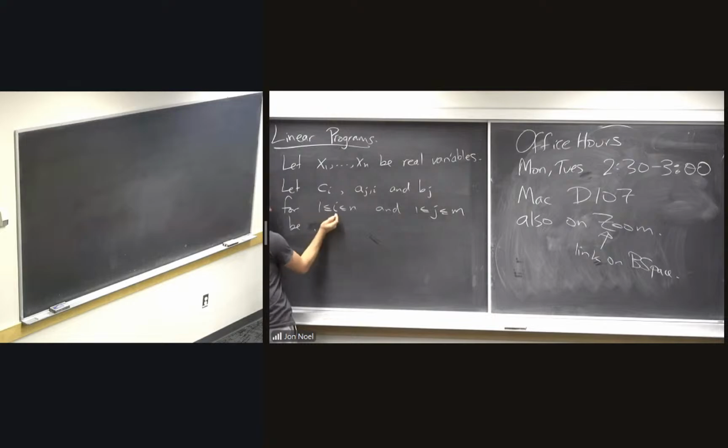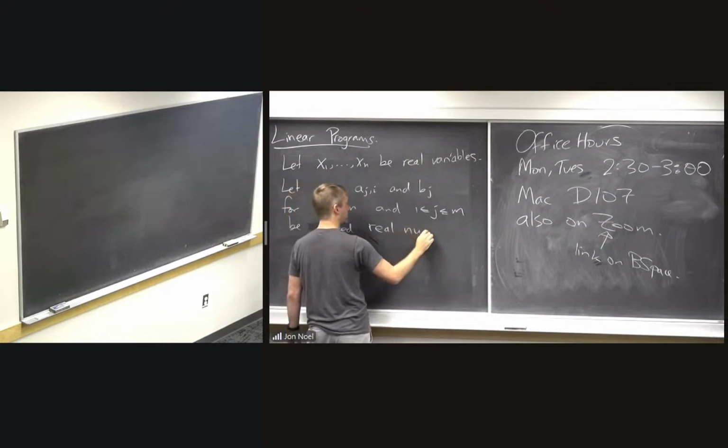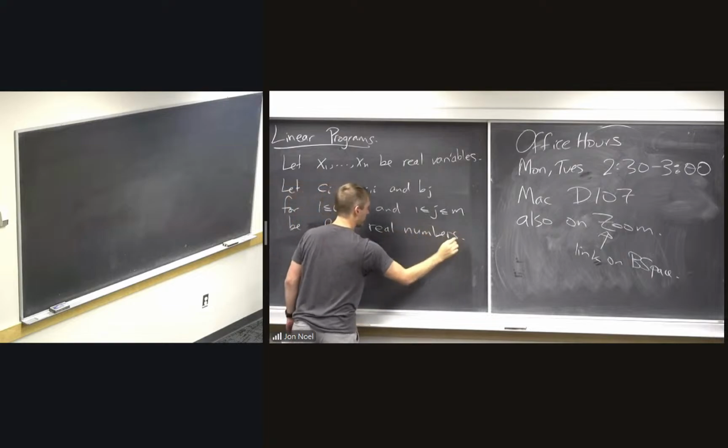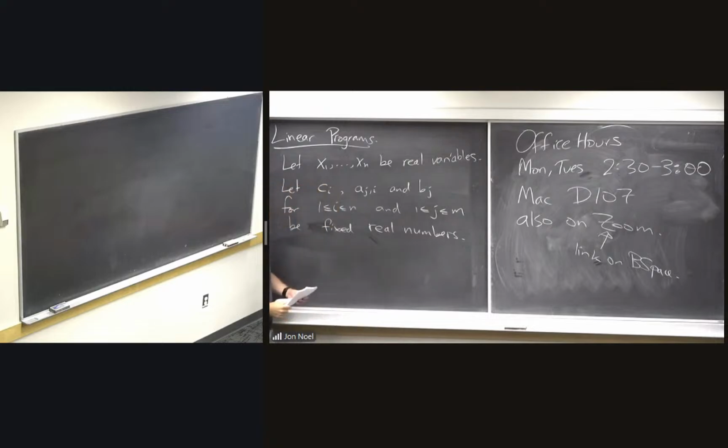So these are fixed real numbers. The a's, the b's, and the c's are just numbers, and x1 up to xn are variables that can change.